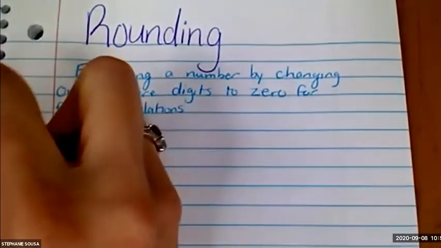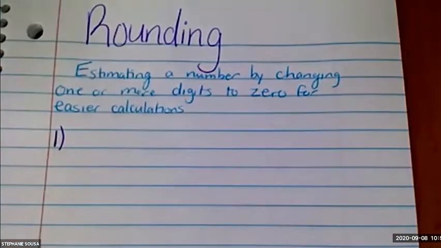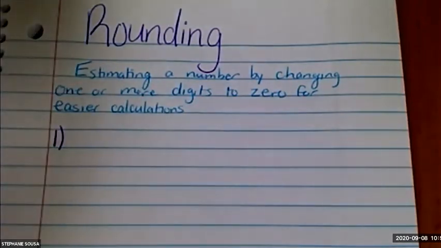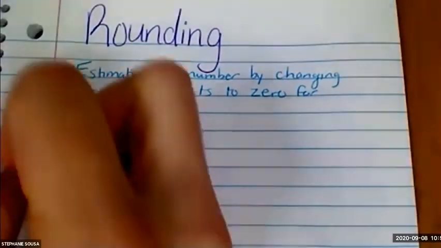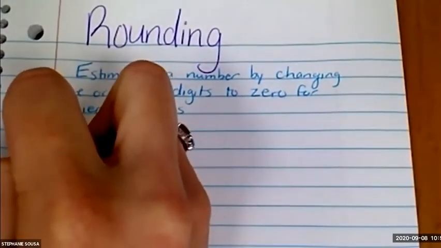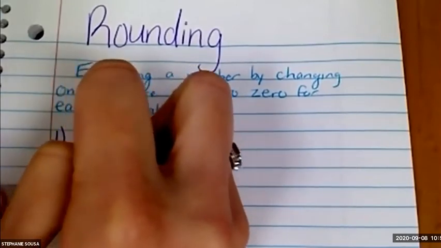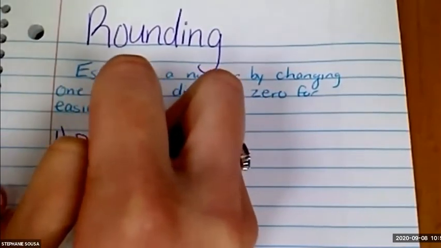Okay. Step 1 when we are rounding. Step 1 is exactly the same no matter what number we're rounding to, whether we're rounding to the ones, tens, hundreds, thousands, millions, whatever it is, you will always determine, and determine is a word that means decide.